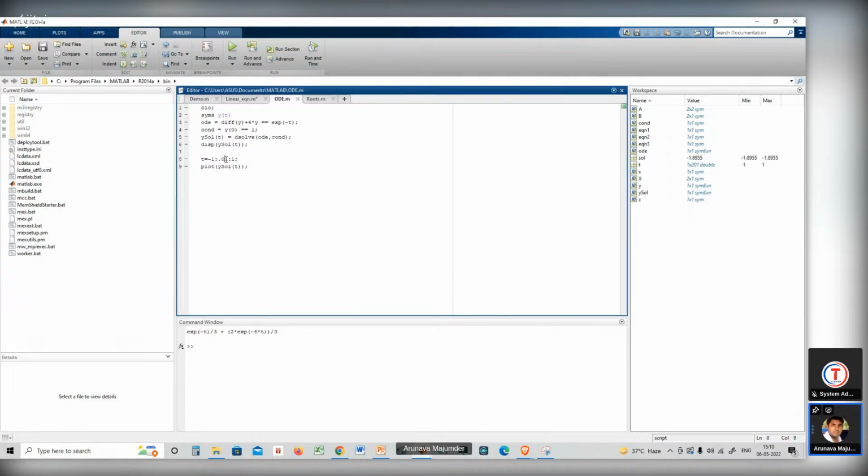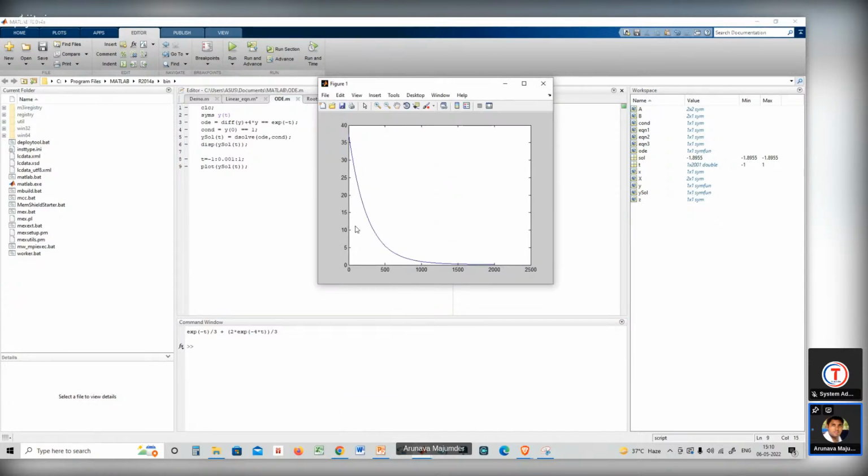Now if I make the mesh size smaller, that is, distance 0.001, and plot this graph, run. Look, now it becomes more and more smooth.